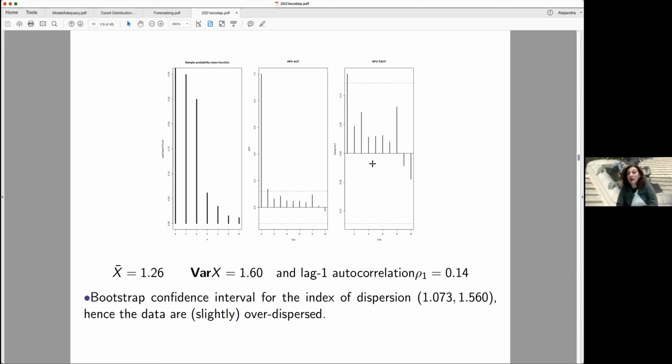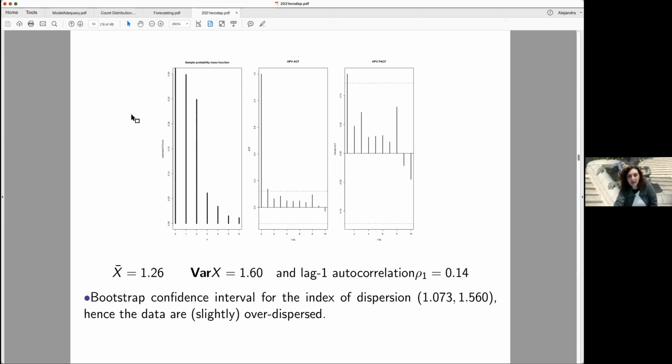So thinking of an autoregressive process of order 1 is not very silly, it looks like. And these are the sample probability mass functions, which should be Poisson distributed. And we have to check whether that's reasonable or not.